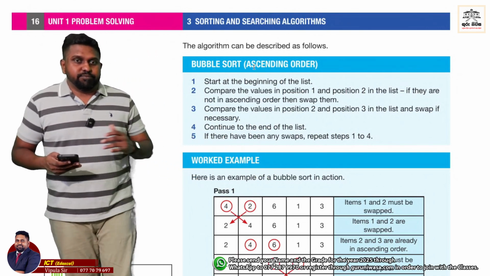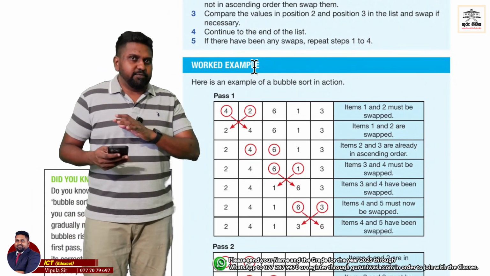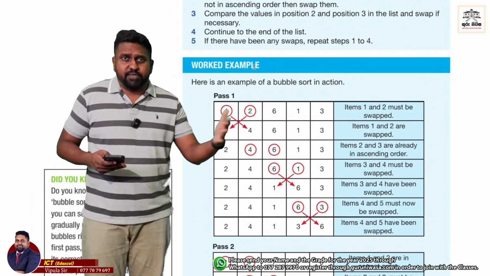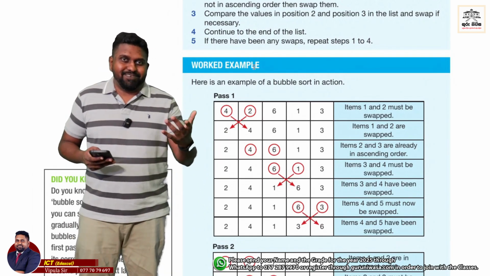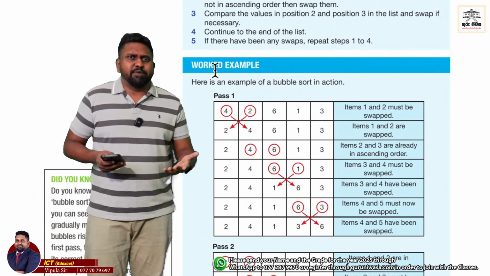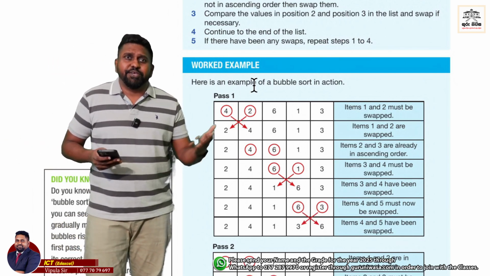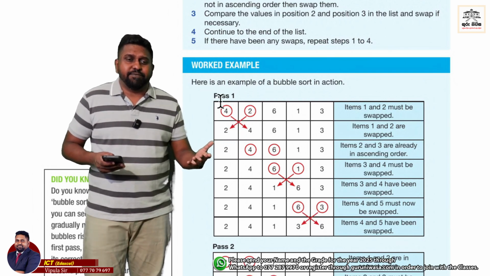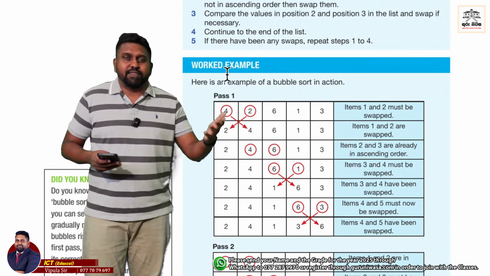We went through this last week, but I'll quickly skim through so you get a quick reminder of what we did. So what is bubble sort? Bubble sort is basically checking if one is greater than the other.